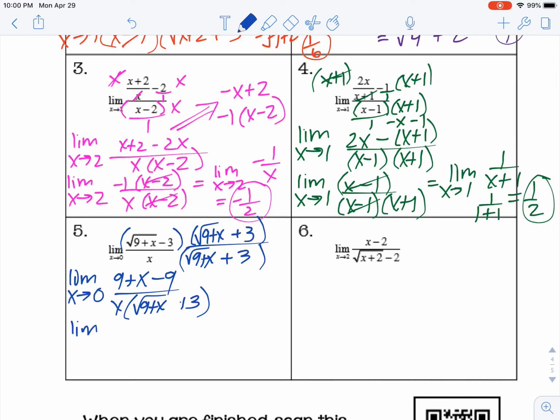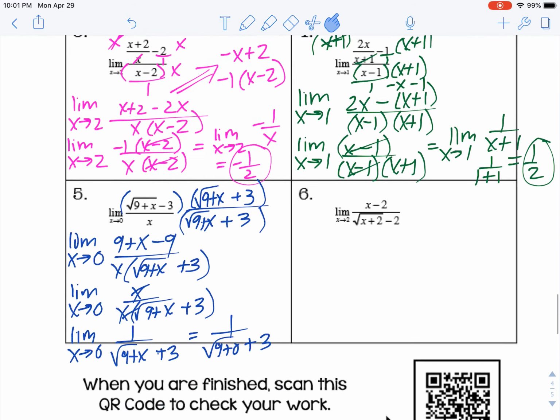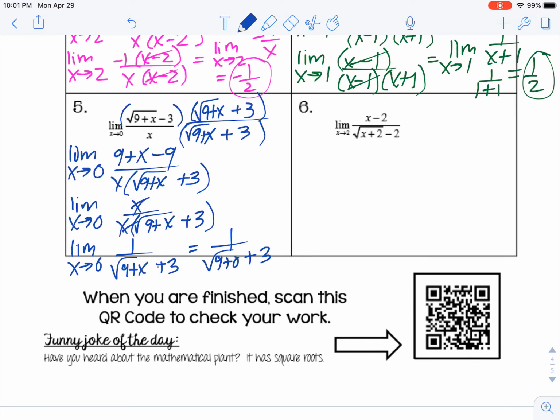All right, so numerator just simplifies to be x. All right, x's cancel, limit as x approaches 0, 1 over radical 9 plus x plus 3, that's going to be 1 over radical 9 plus 0 plus 3. All right, so that's 1 over 3 plus 3. And we get 1/6.